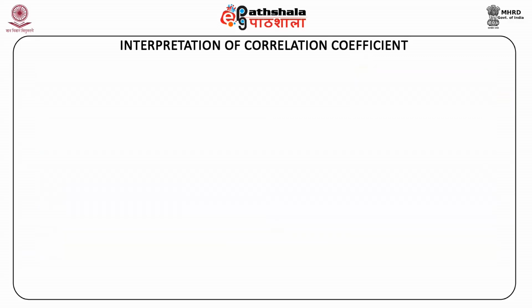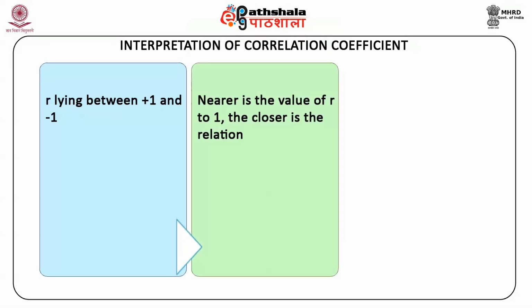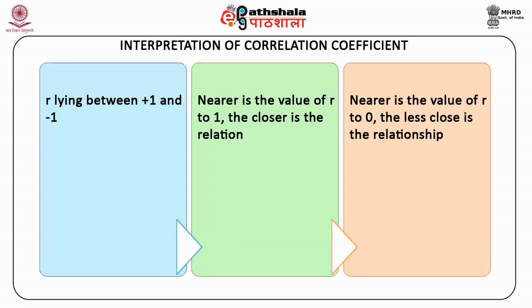For other values of r lying between -1 and 1, there are no set rules for its interpretation. The maximum we can conclude is that nearer the value of r to 1, the closer is the relationship between the variables, and nearer the value of r to 0, the less close is the relationship between them.